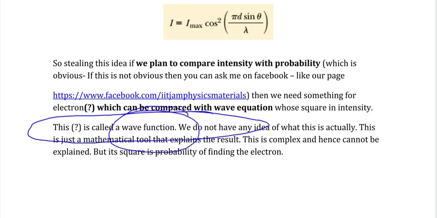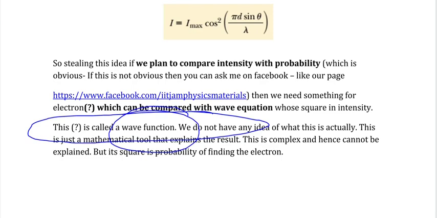The wave function is something that describes the electron, and using it we can find the probability distribution. Unfortunately, this wave function is complex and you cannot imagine it. It is very beautiful in the case of diffraction of light. You take the wave equation of light, which is very intuitive. You can draw it on your paper, you can add them, you can subtract them, and you can find the intensity distribution.